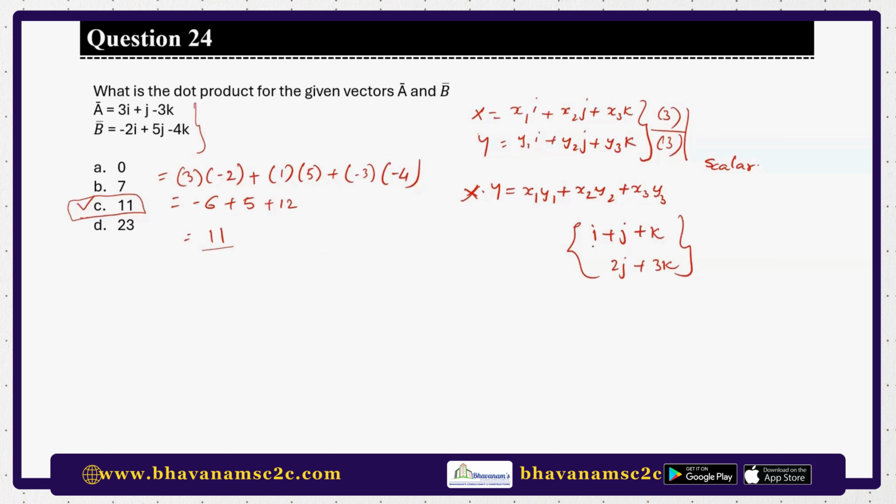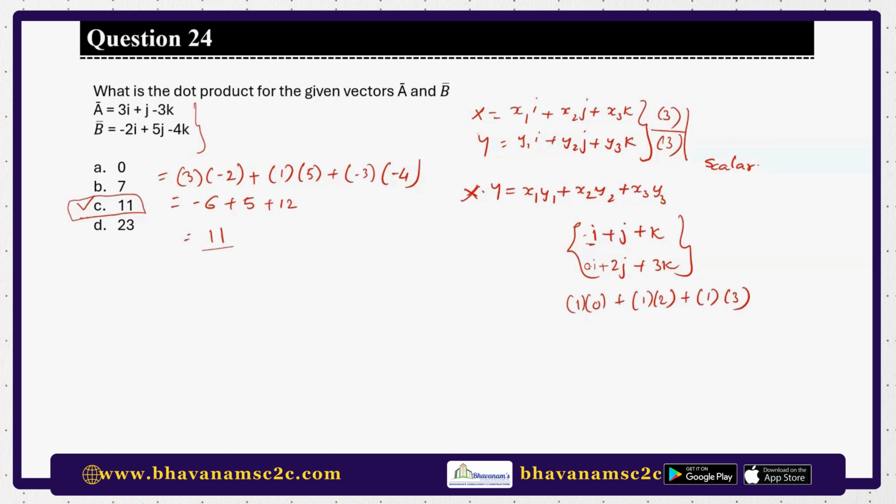Now let us solve this question. Since they didn't give you the value for the i component, you have to assume the value as 0 into i. Here the coefficient of i is 1 in the second vector. So it will be 1 into 0 plus 1 into 2 plus 1 into 3.